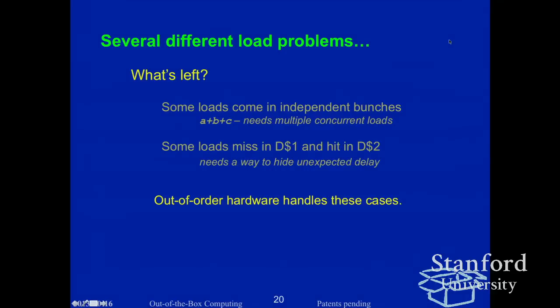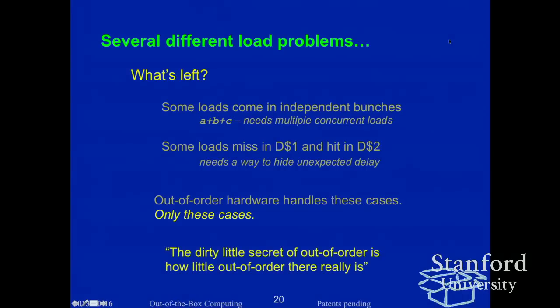Out-of-order hardware handles both of these cases very well, but only these cases. This is a quote I love: the dirty little secret of out-of-order is how little out-of-order there actually is. The source of this quote is Andy Glew, who some of you may know.